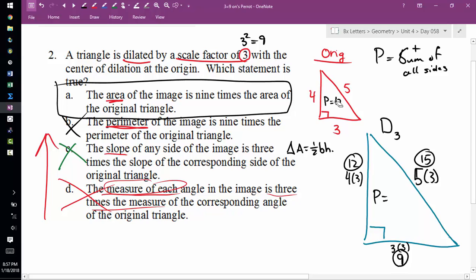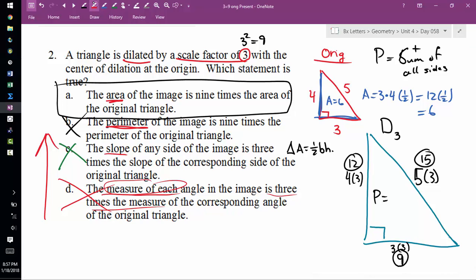So the area of this original is going to be my base of 3 times my height of 4, then cut in half. So that area equals 3 times 4 times 1/2. That would equal 12 times 1/2. That's going to equal 6. So the area equals 6.